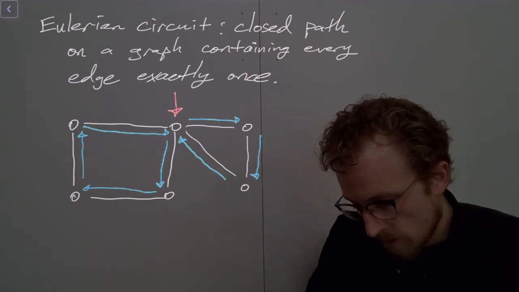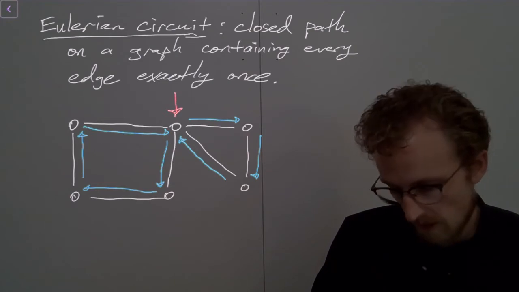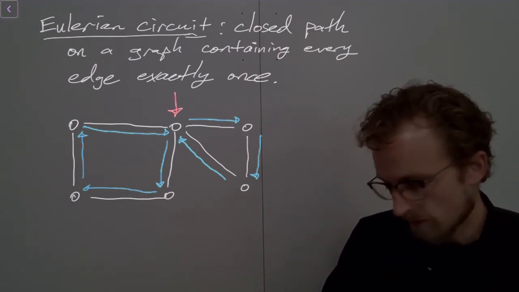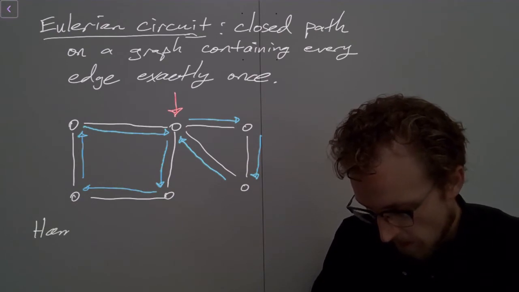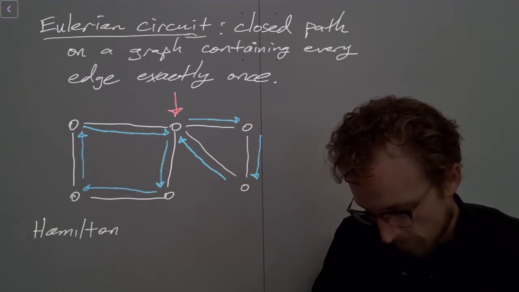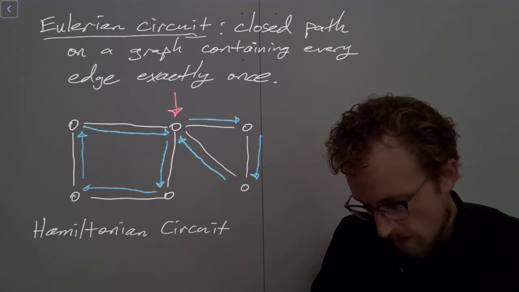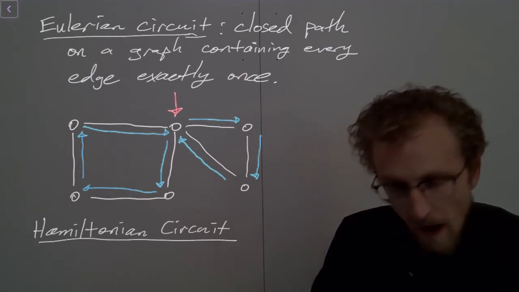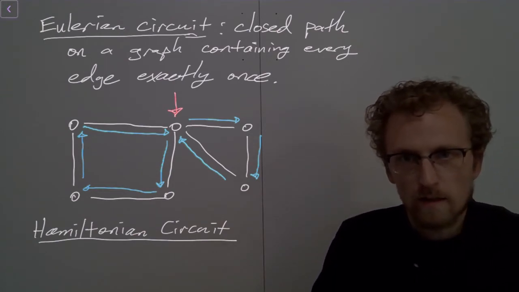Okay, so that's the definition of an Eulerian circuit. Now there's another kind of circuit on a graph that has an almost dual definition. It's called a Hamiltonian circuit. A Hamiltonian circuit is a closed path on a graph that visits each vertex exactly once.